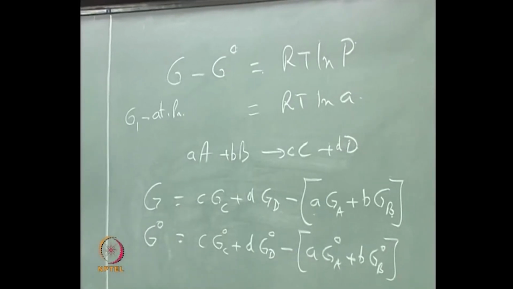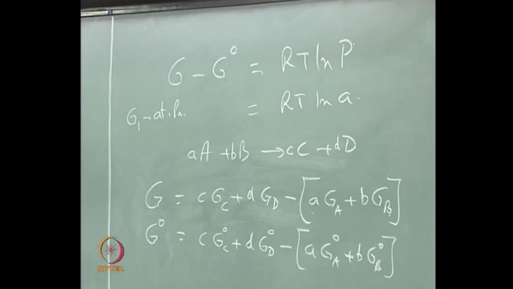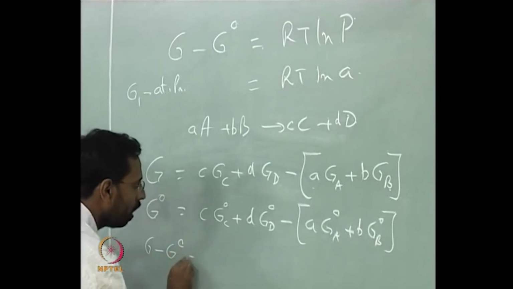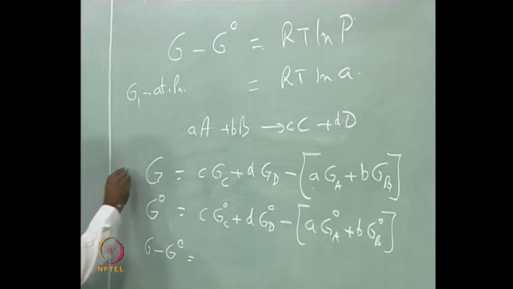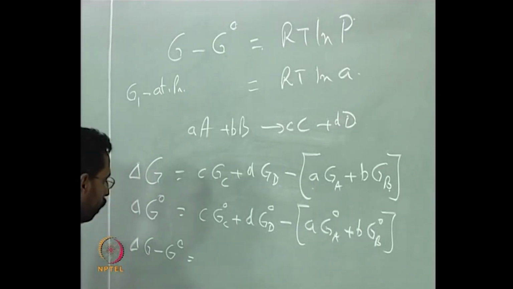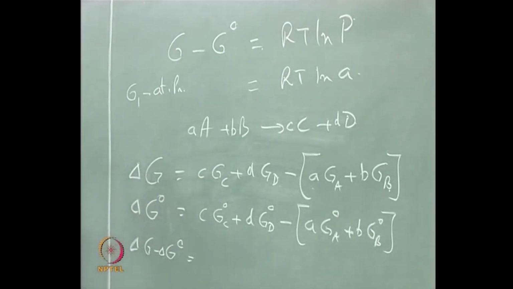Everything remains the same excepting that we are talking at a standard state. This is actually delta G, the change in the free energy for the reaction, so I should put delta G naught. Delta G naught is the change in the free energy for the reaction at the standard state, standard conditions.